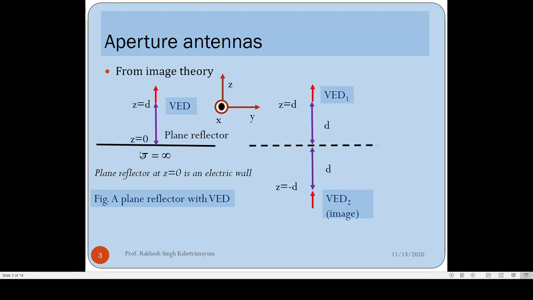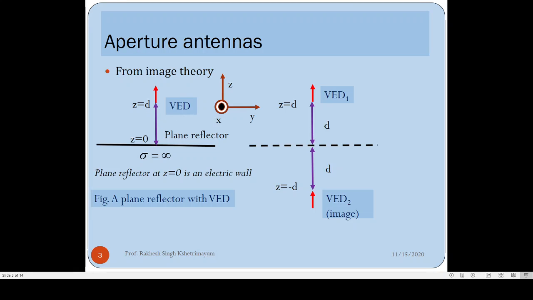If the plane reflector is wide enough, large enough, then we can assume it's almost like infinite for this vertical electric dipole and apply the method of images to find the fields radiated in this upper half plane.